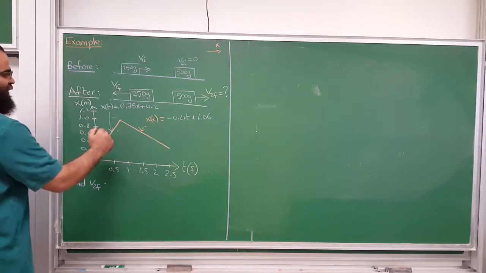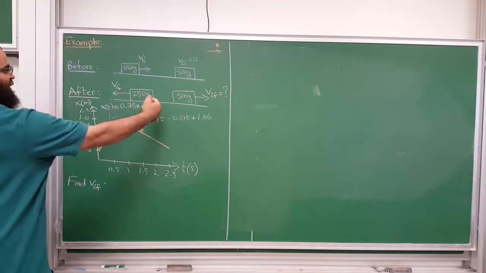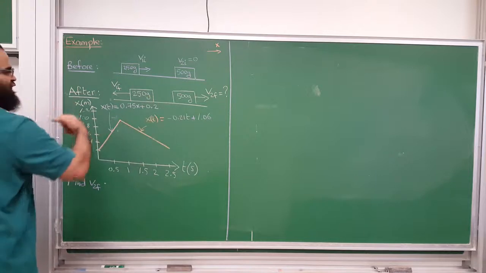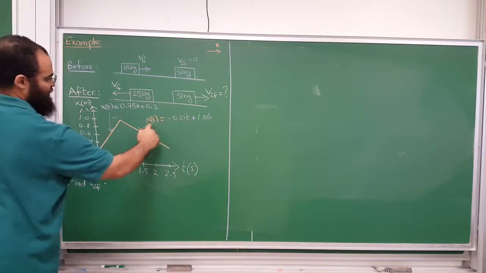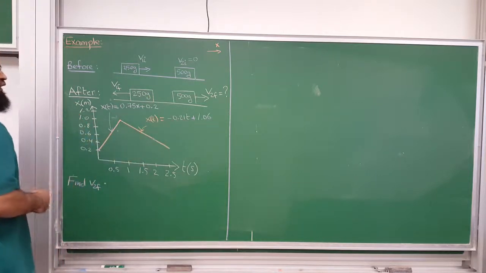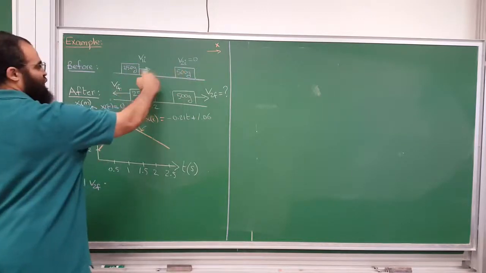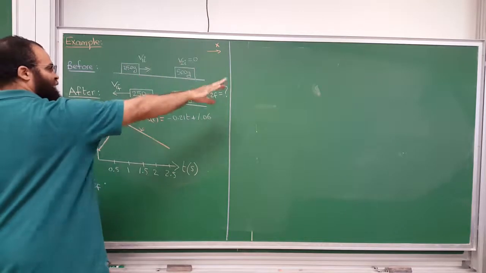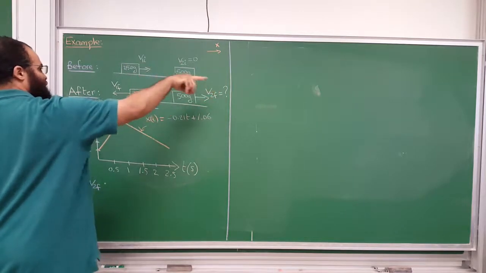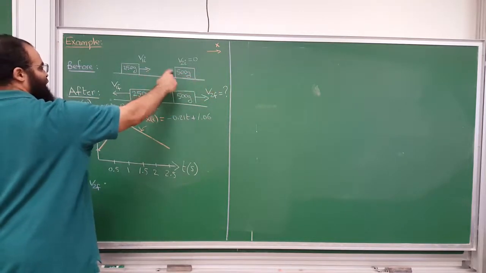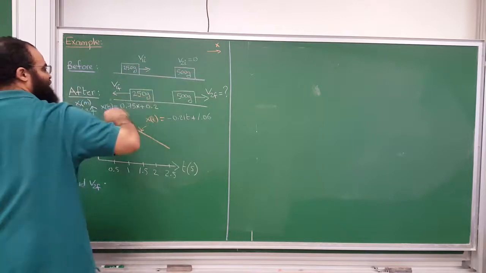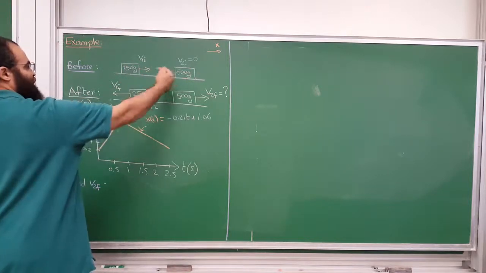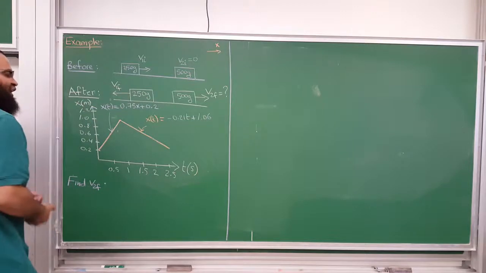And then after the collision, our object reverses direction and moves to the left, and this is its equation, position versus time. Notice the object on the right, it was hit from the left, and it was initially at rest, so it only has one option, which is to move that way, because it experienced the force due to this one to the right. And this one experienced the force to the left. It was enough to reverse its direction.